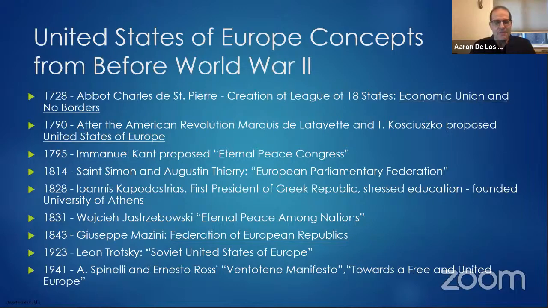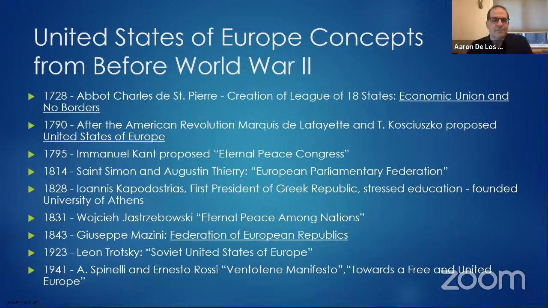And then in World War II, very famous Italian political philosophers, Spinelli and Rossi, who also became politicians after World War II, came up with the Ventotene manifesto, which was really wanting to instill the last 100, 200 years of thinking into a post-World War II belief in creating a free and united Europe.